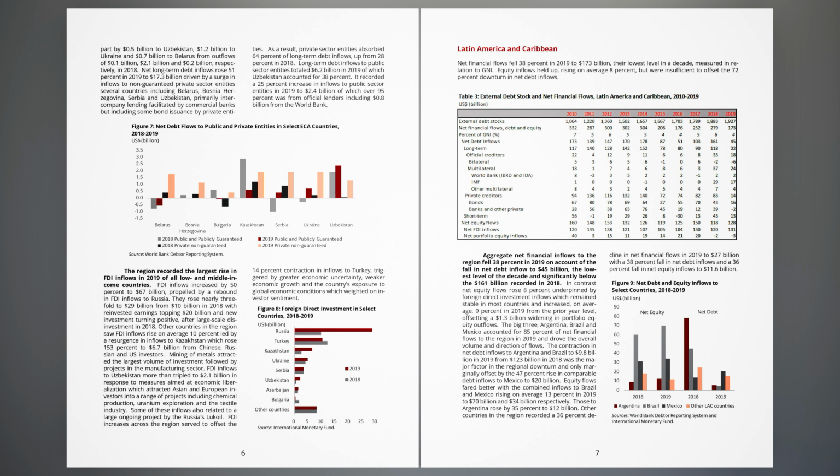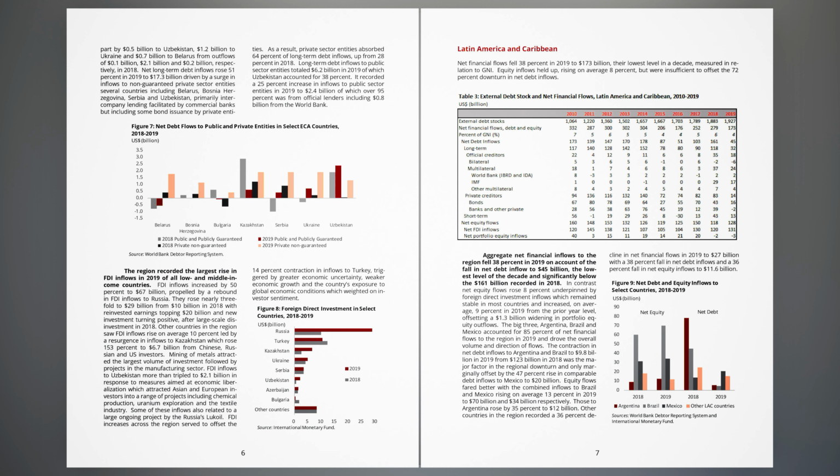Long-term debt inflows to public sector entities totaled $6.2 billion in 2019, of which Uzbekistan accounted for 38%. It recorded a 25% increase in inflows to public sector entities in 2019 to $2.4 billion, of which over 95% was from official lenders, including $0.8 billion from the World Bank. Figure 7. Net debt flows to public and private entities in select ECA countries, 2018-2019.